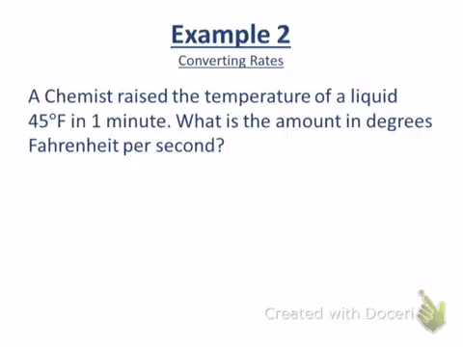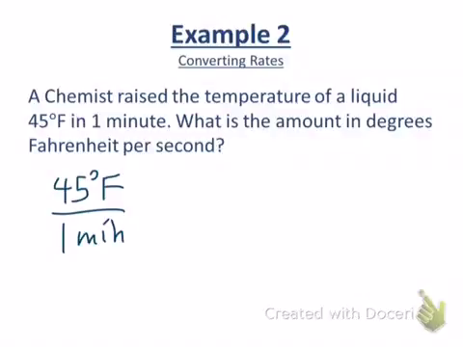So what are they asking us to convert here? Minutes to seconds. So we're going to start off by writing our given rate, 45 degrees Fahrenheit per 1 minute. And I need minutes to go away.